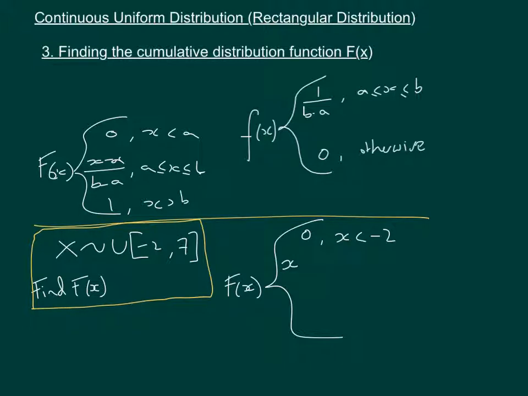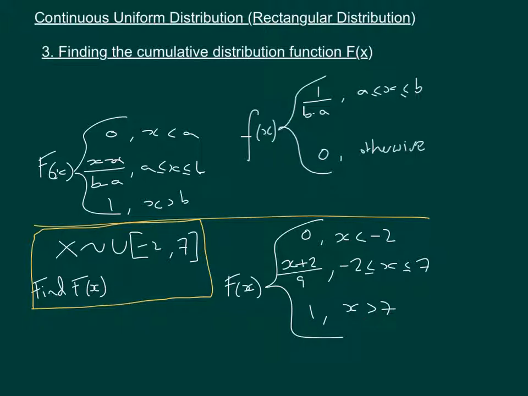X minus minus 2 is plus 2 over b minus a, so 7 minus minus 2 is 9. So that's the function when x is between a and b. So that's when x is between minus 2 and 7. And then it's 1 when x is greater than 7.